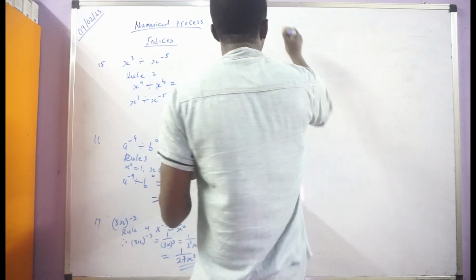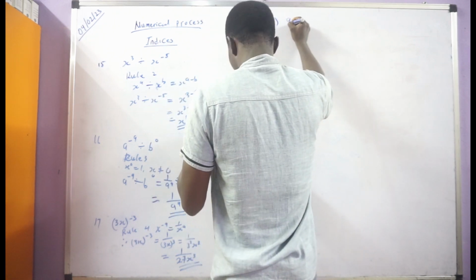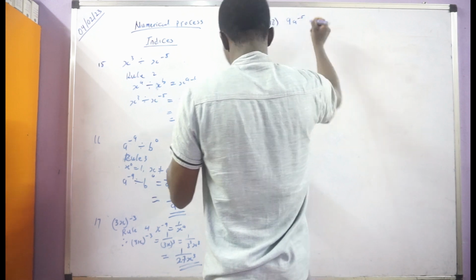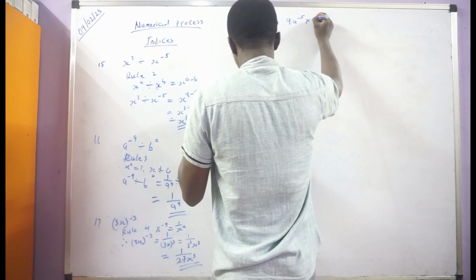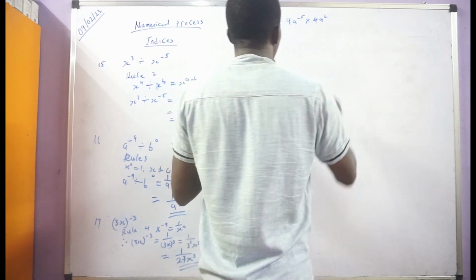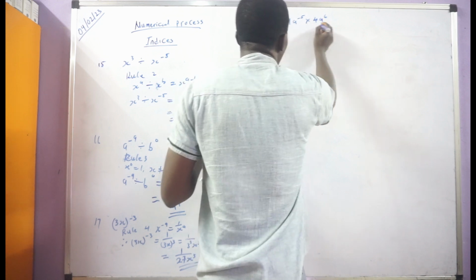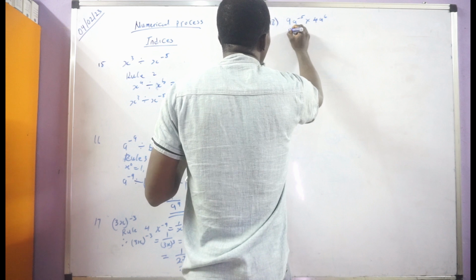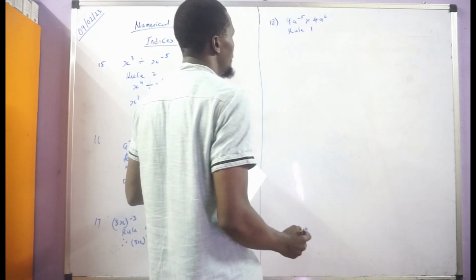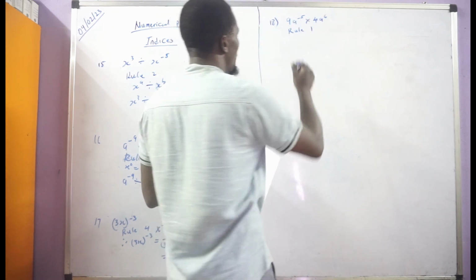So number 18 is 9a raised to power minus 5 times 4 raised to power 6. Let's apply the rule. We are using rule 1 in this case. So let's just leave it this way so it will be very easy for us.